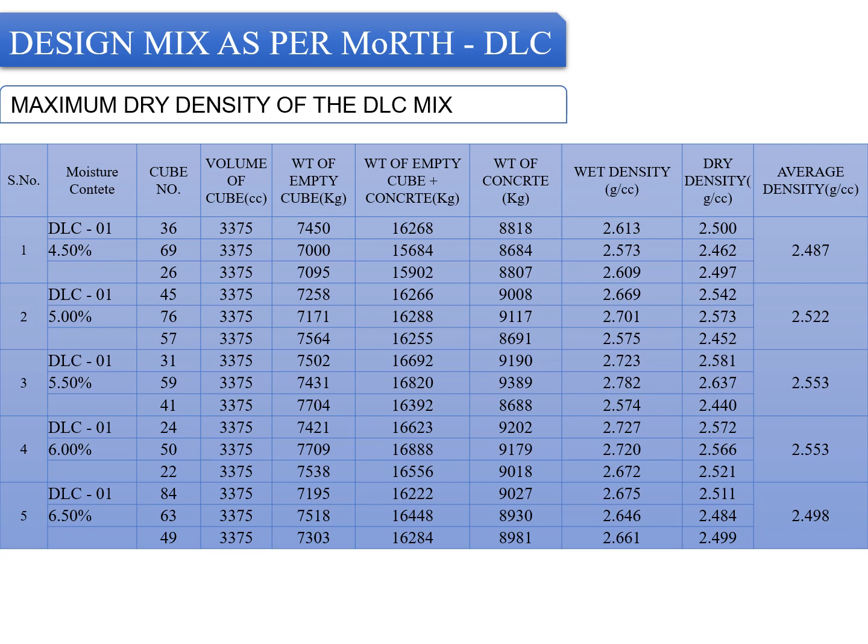At 5% it is 2.522. At 5.5% it is 2.553, and at 6% again it becomes 2.553. That means between the moisture content of 5.5 and 6%, you have the optimum moisture content, and the density corresponding to that will be the maximum dry density of the DLC mixes.